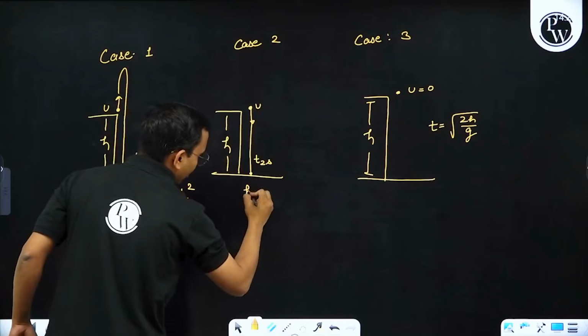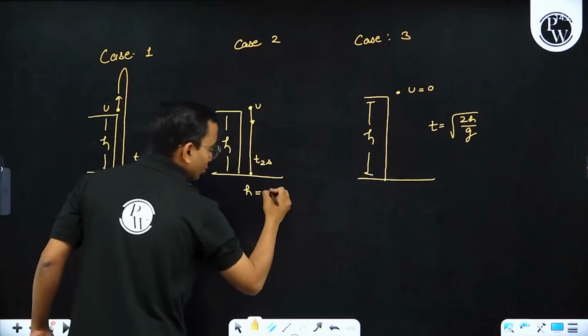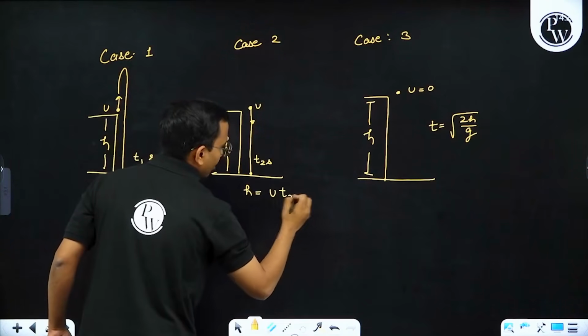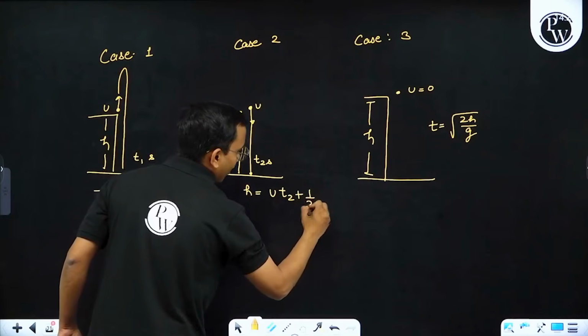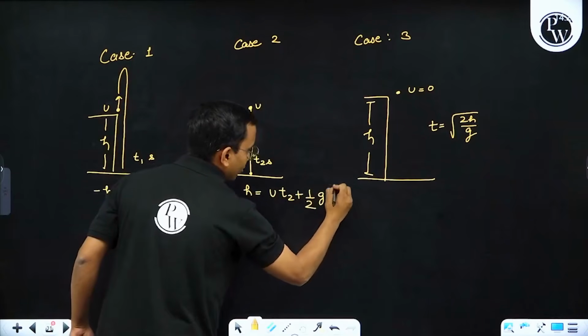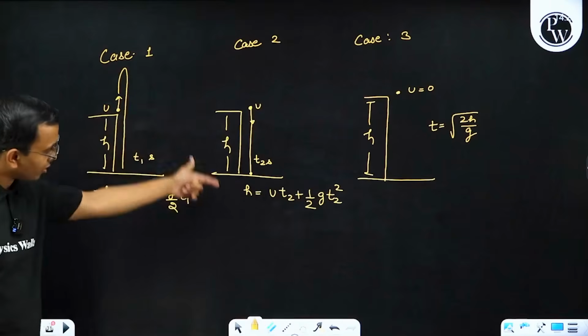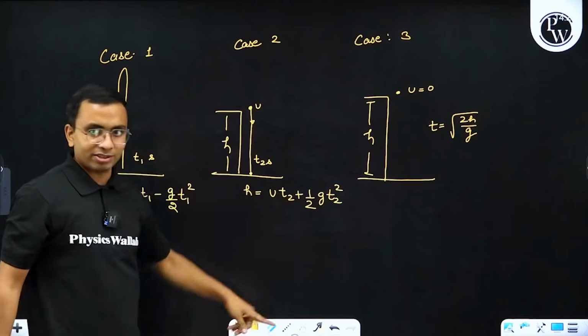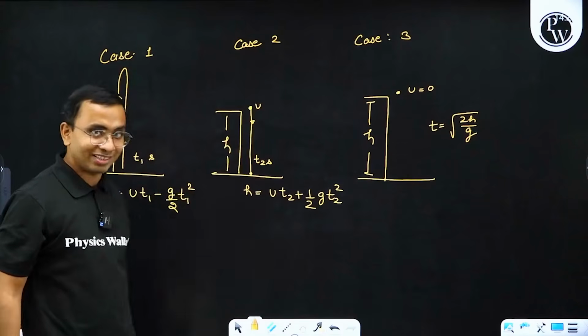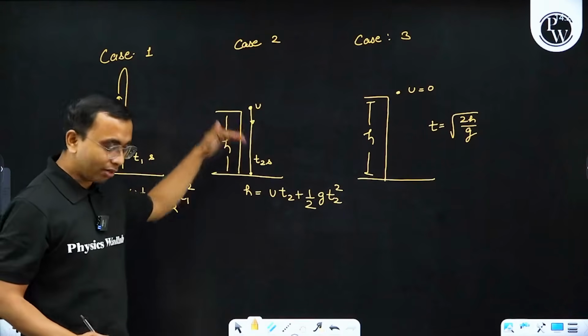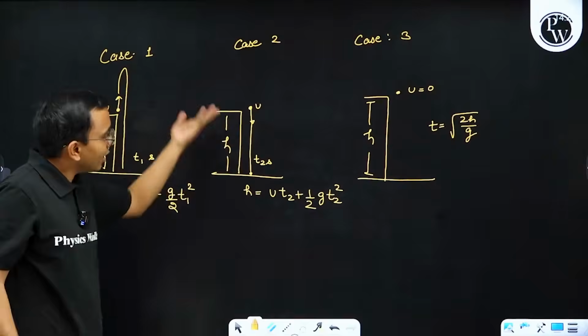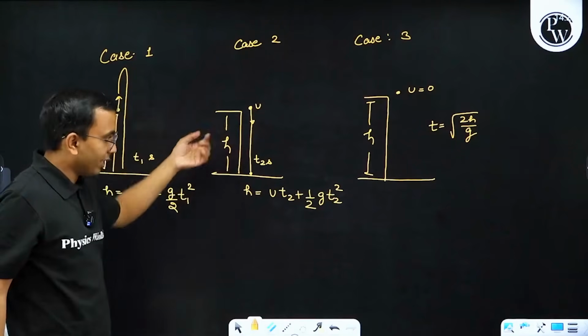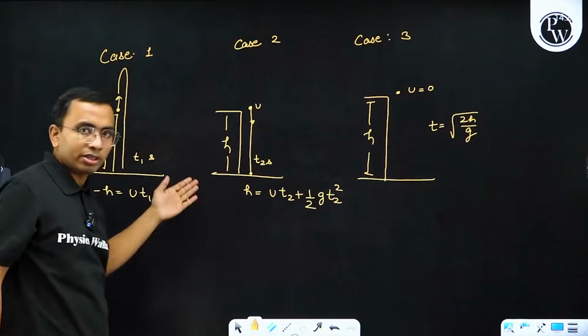So h is equals to u t2 plus half g t2 square. So don't get confused. I'm taking downward as positive. So this is plus h, u is plus here, g is plus. Acceleration is plus g, not minus g in this case. Got it? Any direction. If you take downward as negative also, I would have taken, then all three minus will get cancelled.